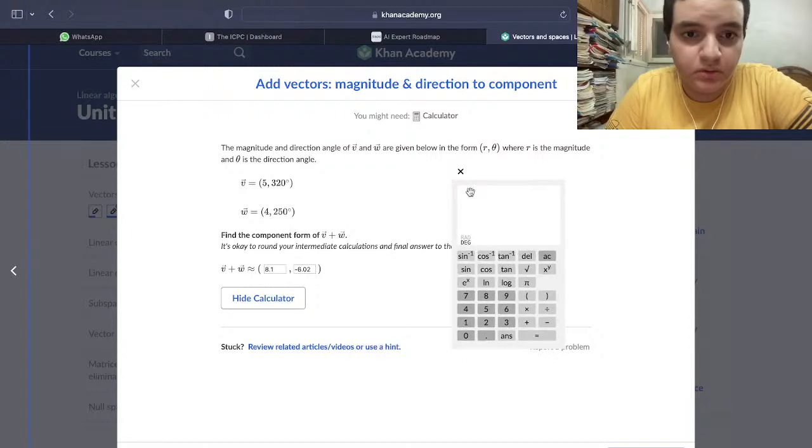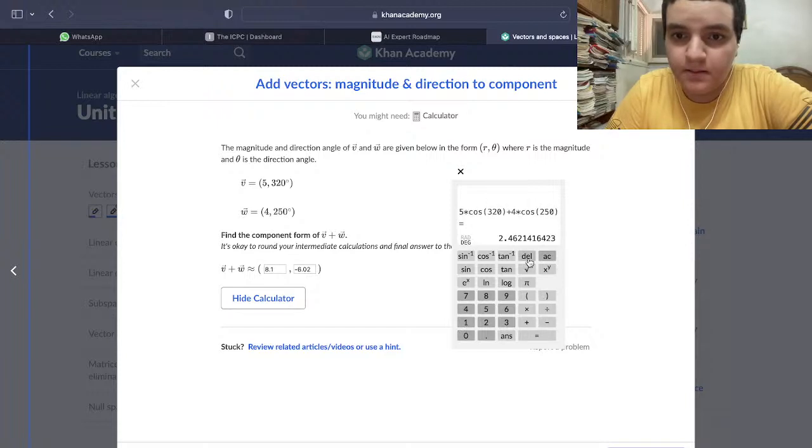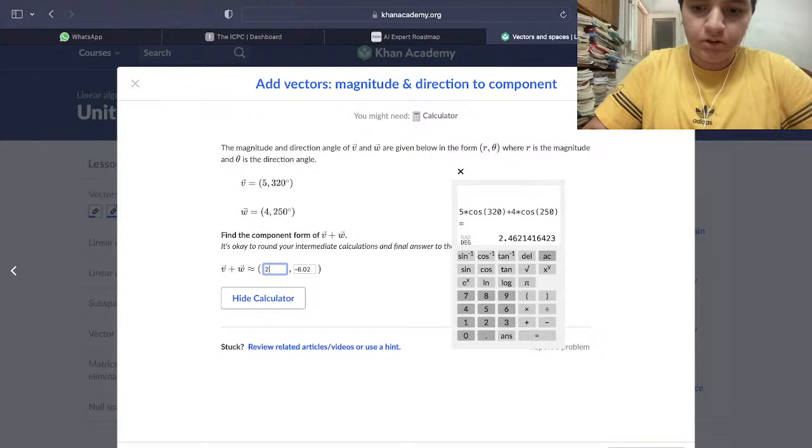Okay, so we're going to say 5 by cosine 320 plus 4 by cosine 250. So it's 2.46.